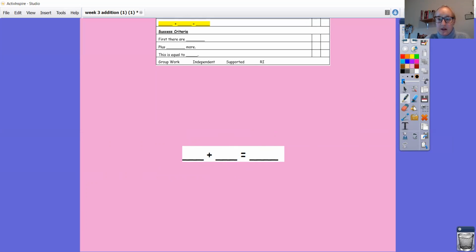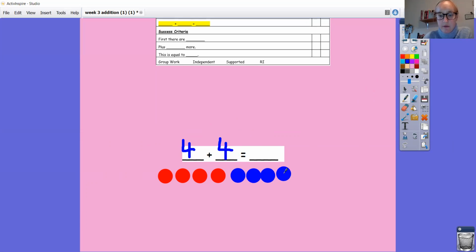So my final one I think I'm going to do is one of the parts is going to have 4 in it and the other part is going to be 4 as well. Okay, so let's have a look. So in the first part, I have got 4, so I need to draw 4. 1, 2, 3, 4, plus 4 more. 1, 2, 3, 4.